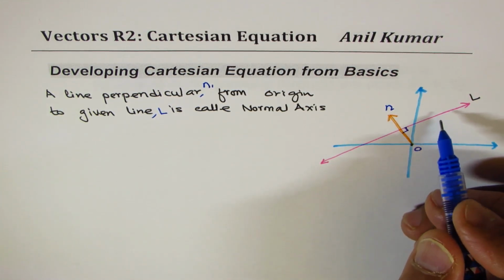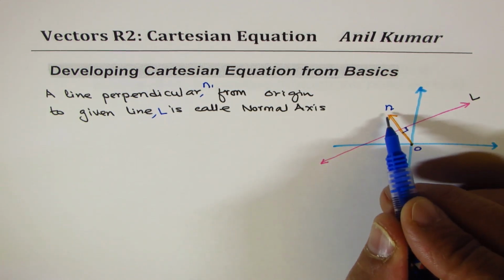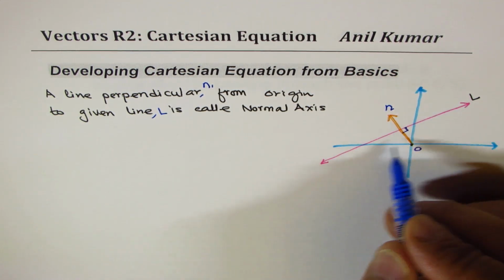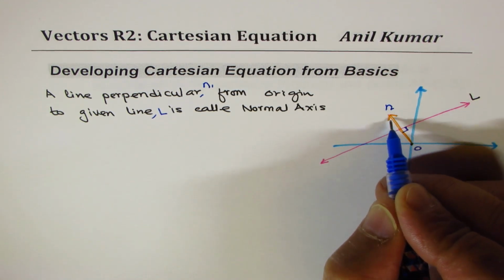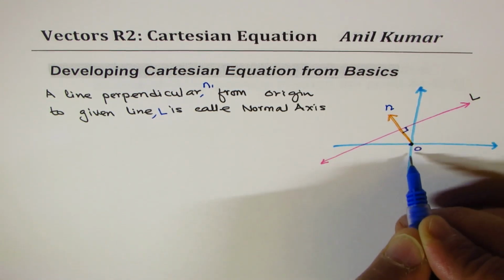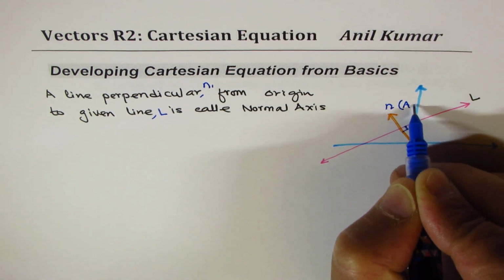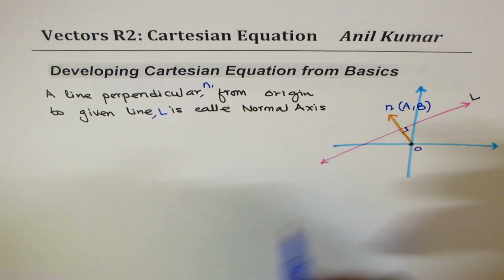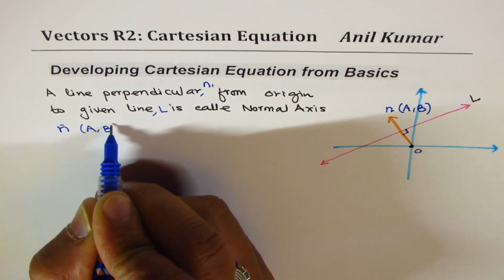Now what you notice here is that we could actually define this line L in terms of the normal. So let us say the vector normal, which has its tail at origin, is represented by AB.